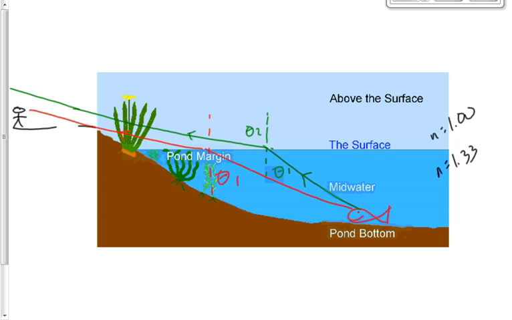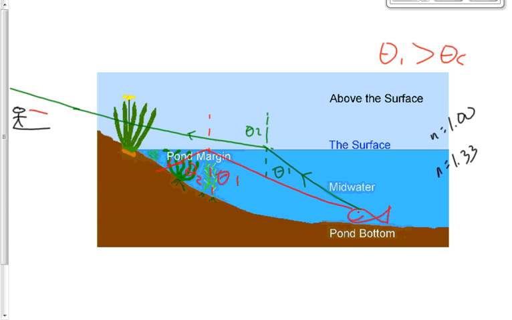But what if theta 1 is now bigger than theta c? What's going to happen? This light ray isn't going to sail into his eyes. This light ray is going to reflect off of the surface, or off of the boundary, I should say.